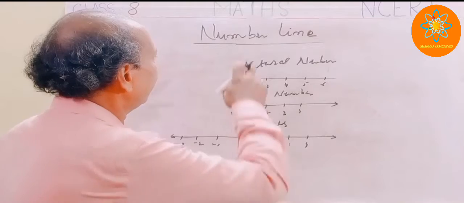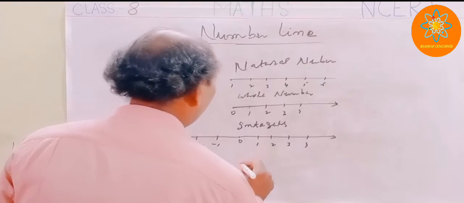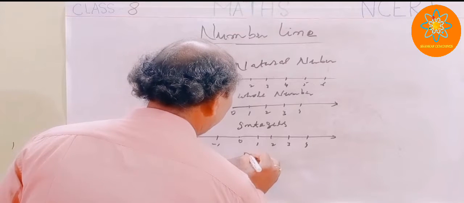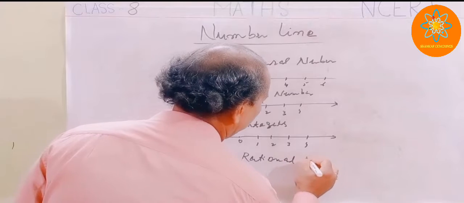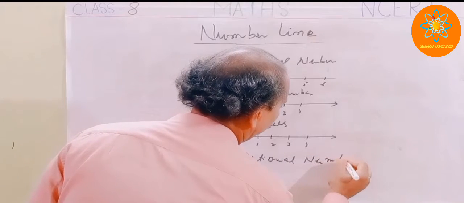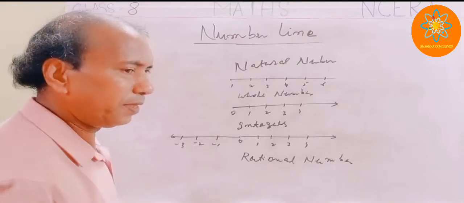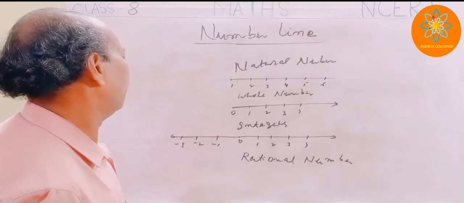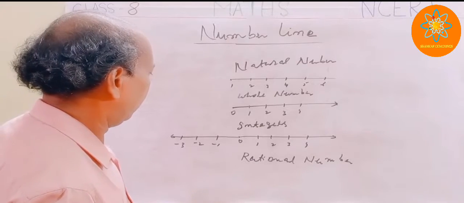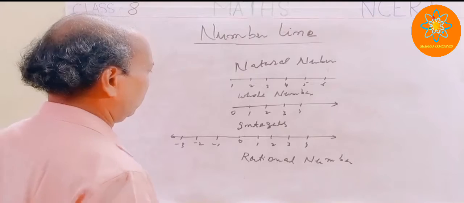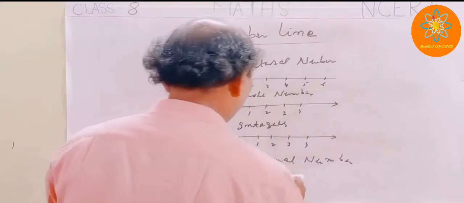But we are interested in the case of a rational number. So how we represent the rational number on a number line? For representing rational number on a number line, our first step is we just draw the number line of the integers.